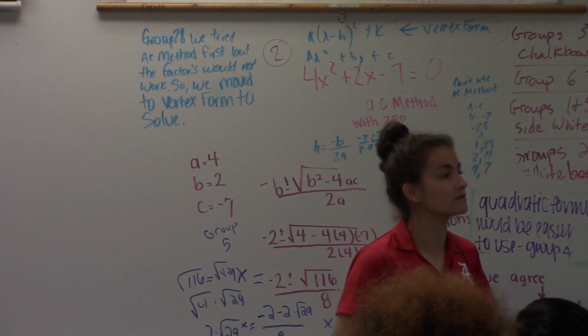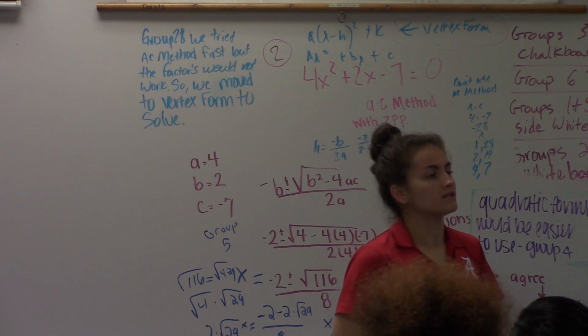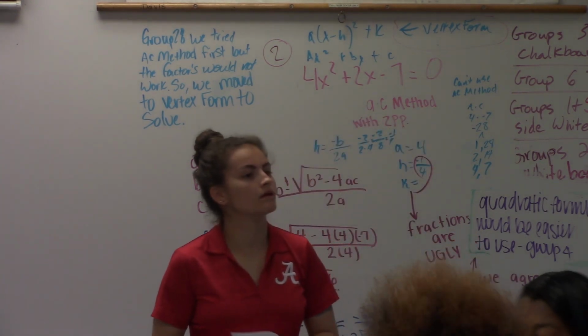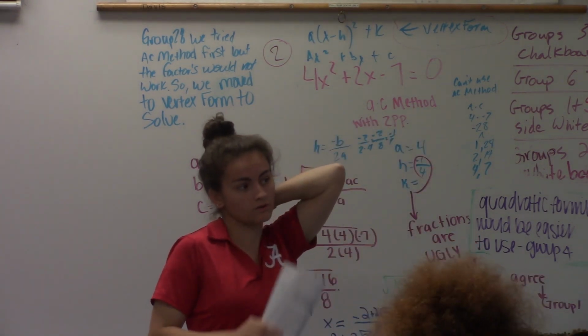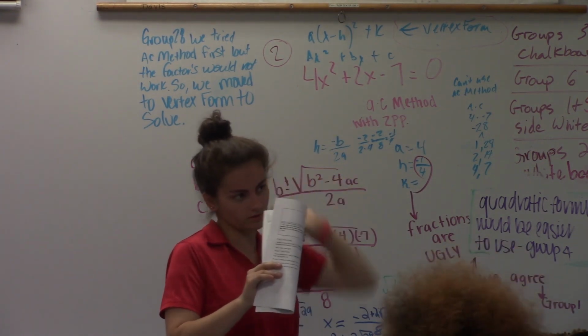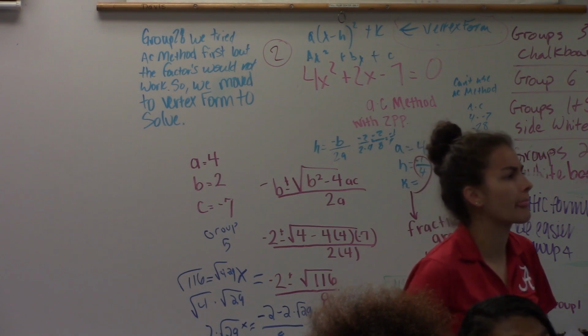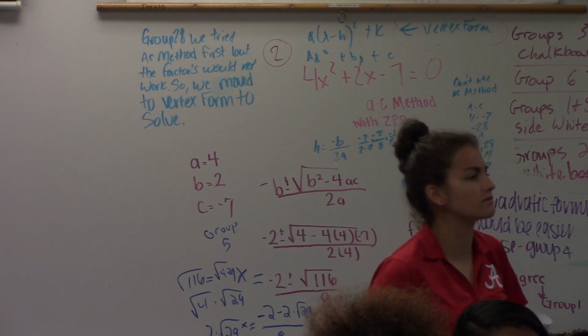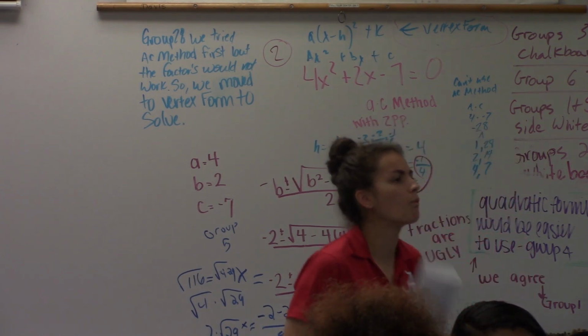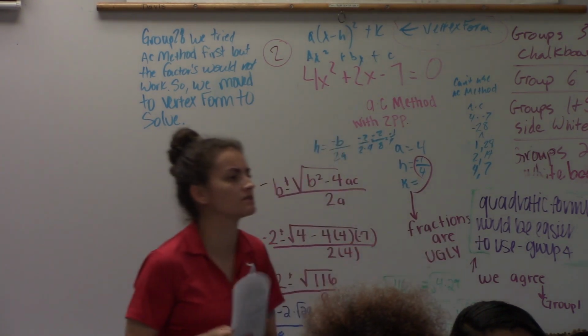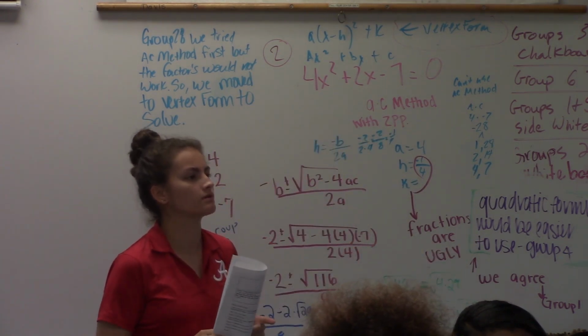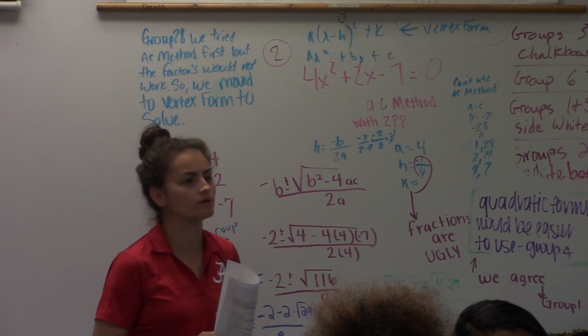The AC method? Why the AC method? So did other groups try other ways? Did they? They did try vertex. So why did you all say that the AC method was most efficient compared to vertex form or the quadratic formula?